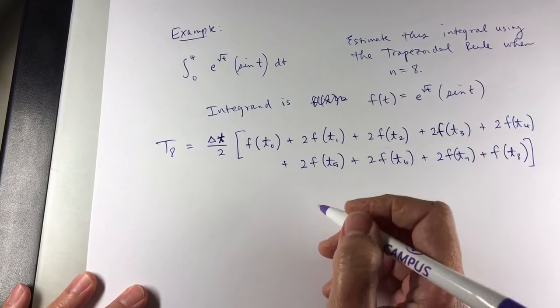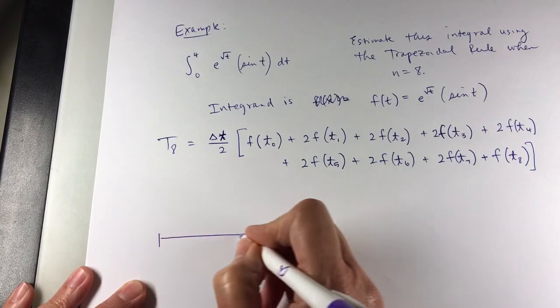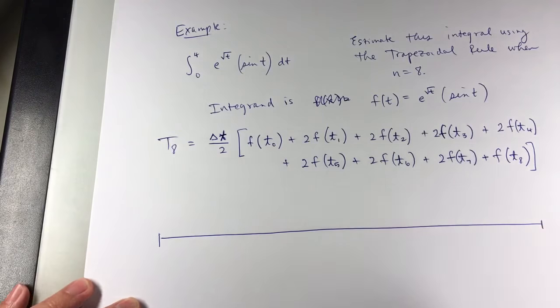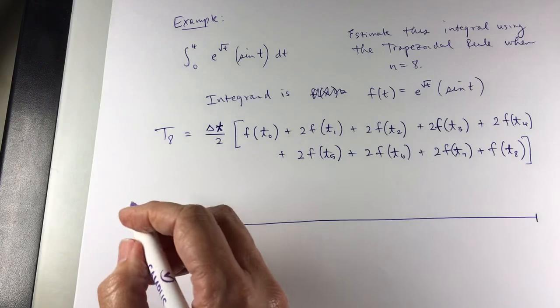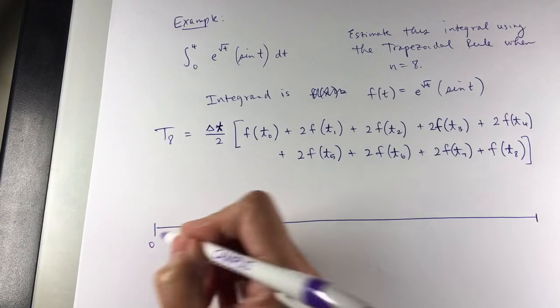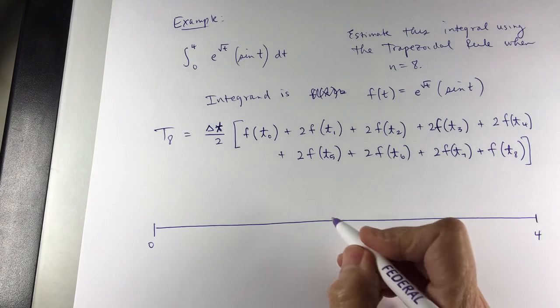is to do a number line, and a portion of a number line. It's not the entire number line. So I have this segment, and I'm going from 0 to 4. And I got those from where? From those endpoints, the limits of integration.